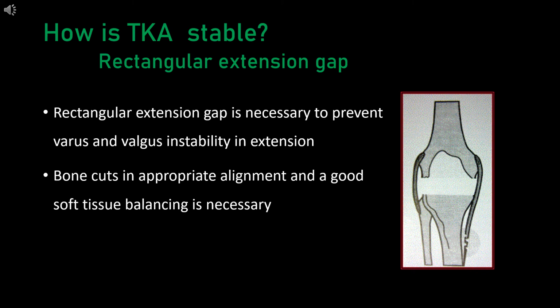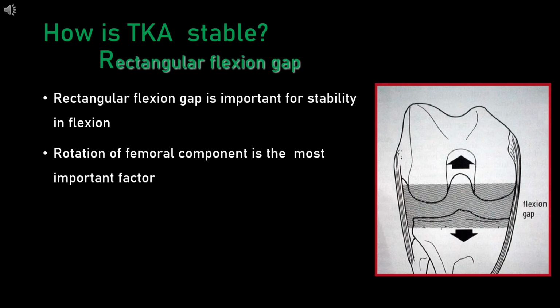A rectangular extension gap is necessary to prevent varus and valgus instability in extension. Bone cuts in appropriate alignment and good soft tissue balancing are necessary to get a rectangular extension gap. A rectangular flexion gap is important for stability in flexion.